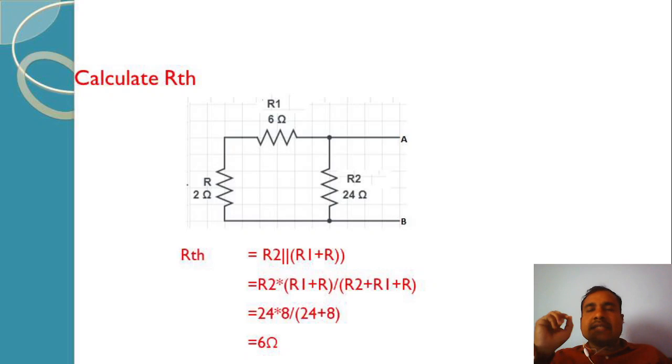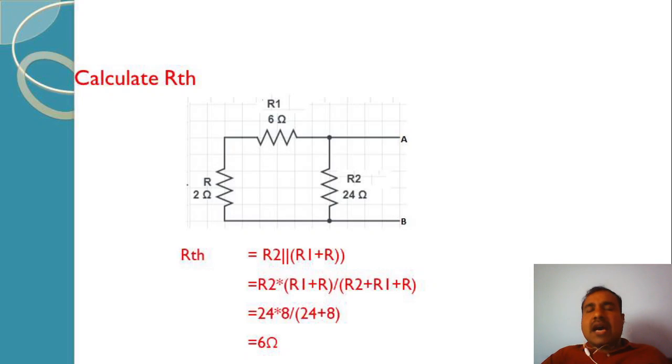So RTH is equal to R2 in parallel with R1 series with R. That is R2 parallel with R1 plus R. So that is R2 into R1 plus R divided by R2 plus R1 plus R. So that is 24 into 8, where 8 refers to the series combination of R1 and R, that is 6 plus 2, which is 8. So 24 into 8 divided by 24 plus 8 is equal to 6 ohm.